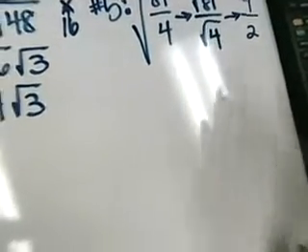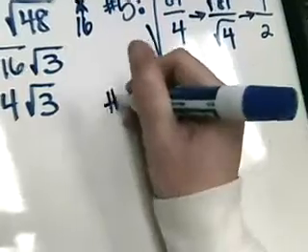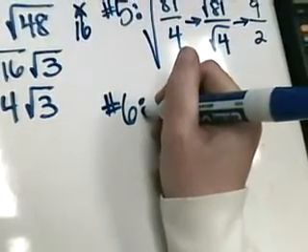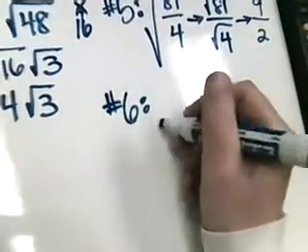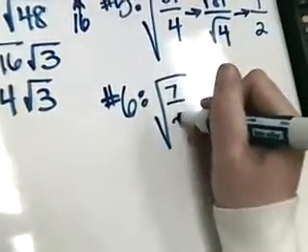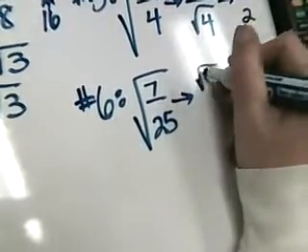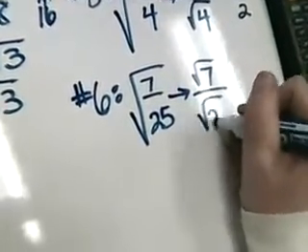Okay? And last one, number 6. We have the square root of 7 over 25. Go ahead and write that as 2 separates. The square root of 7 over the square root of 25.